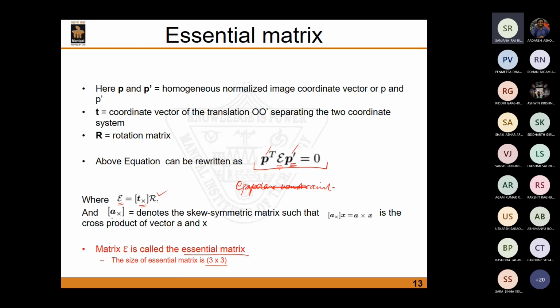And we saw some terms, such as epipolar lines, epipolar plane, the epipoles, and baseline, etc. These are some points that you need to be familiar with. And by that, we'll stop for today's class.